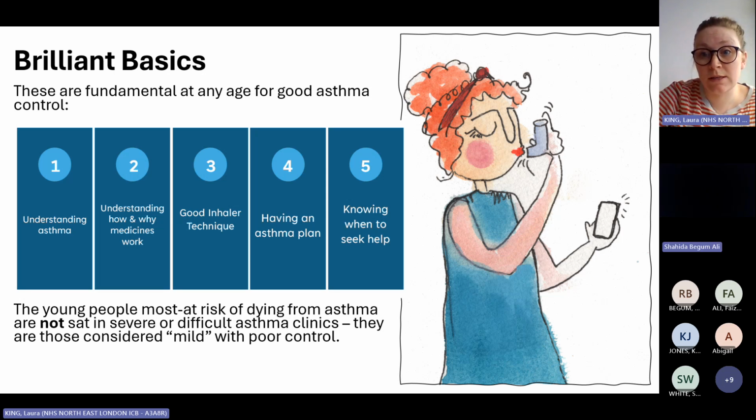If you do not understand what asthma is, i.e. inflammation, you are very unlikely to manage it well. Number two, understanding how my medicines work. Specifically here we're thinking about inhaled devices, but in general, if you don't understand how your medicines work, even at a basic level, the pathophysiology of what they're doing or why you're taking them, you're very unlikely to adhere, and very unlikely to be well controlled.